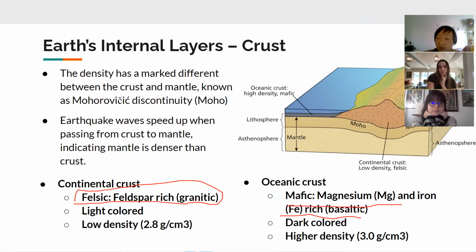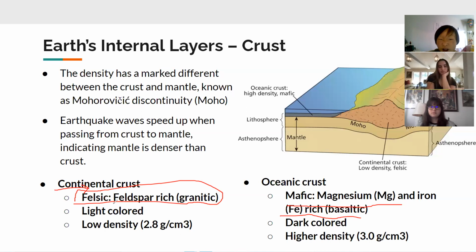So you can see we call that oceanic. Basically, that contains a lot of magnesium and iron, those minerals, those molecules. As a result of this composition, our oceanic crust is darker compared to continental crust.